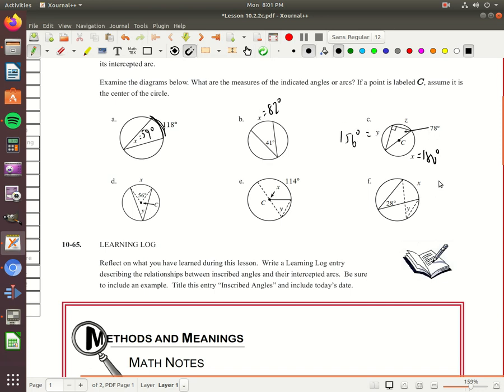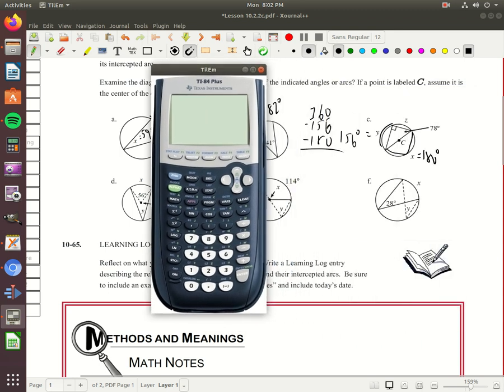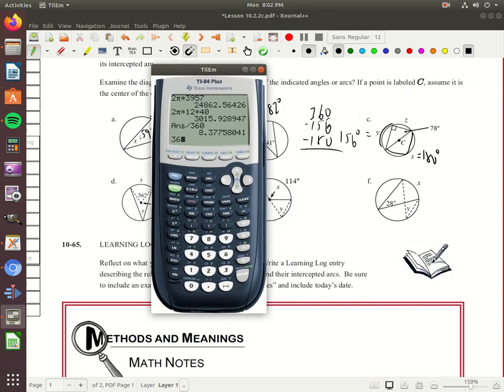Now, there's a couple ways I can get z. First of all, I know it's 360 degrees all the way around. And I've already spoken for 156 of it here and 180 of it here. And the only thing that's left is z. So if I grab my calculator and say, what's 360 minus 156 minus 180? What's left over should be z, which is 24 degrees.